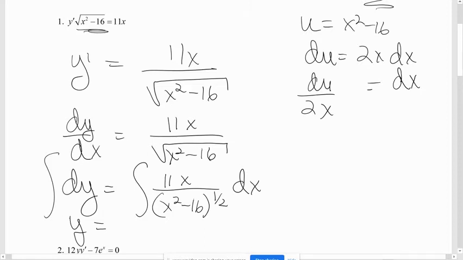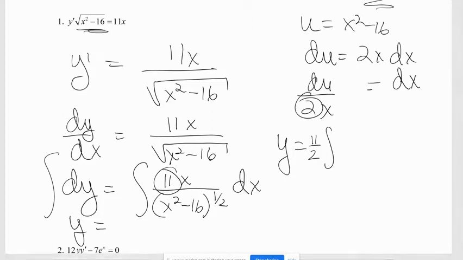And that seems like that would be good because it's going to cancel our x's. And we're just going to have 1 over, well, we'll have a constant. So we'll have y is equal to the antiderivative. We'll have 11/2 out front because we got that 11 and that 2. X's will cancel. I'll be left with 1 over u to the 1/2 du.